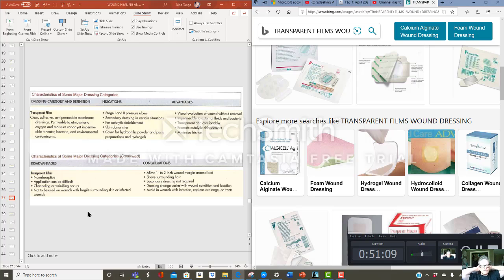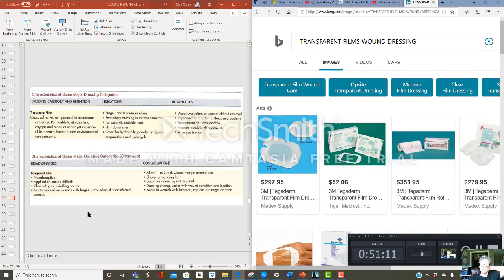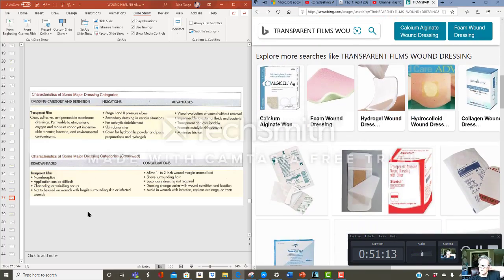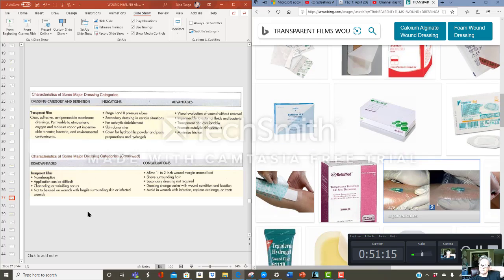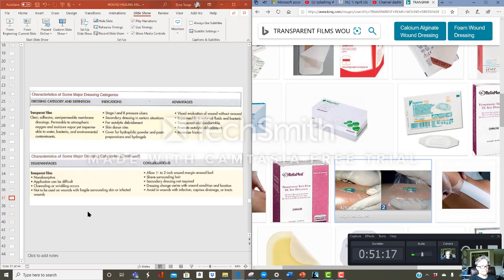Application can be difficult because those little films like to touch on everything. Channeling and wrinkling will occur. Allow 1 to 2 inch wound margin around bed. Dressing change varies. Avoid in wounds with infection and copious drainage.